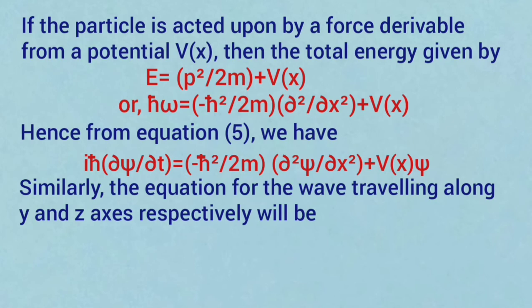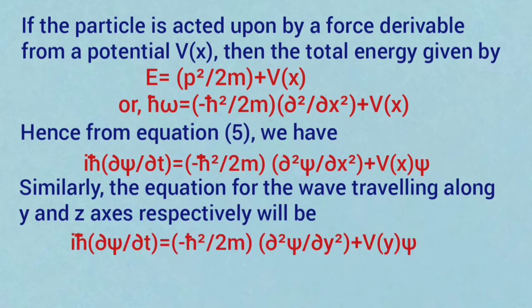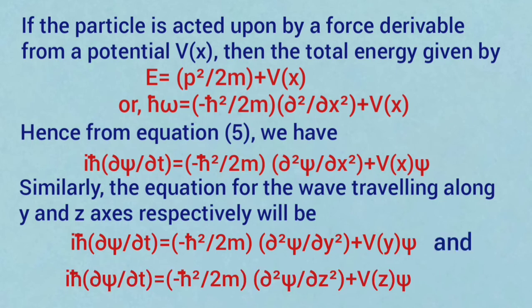Similarly, the equations for the wave traveling along the y and z axes respectively will be i h bar del psi by del t equal to minus h bar squared by 2m del squared psi by del y squared plus V of y psi, and i h bar del psi by del t equal to minus h bar squared by 2m del squared psi by del z squared plus V of z psi.